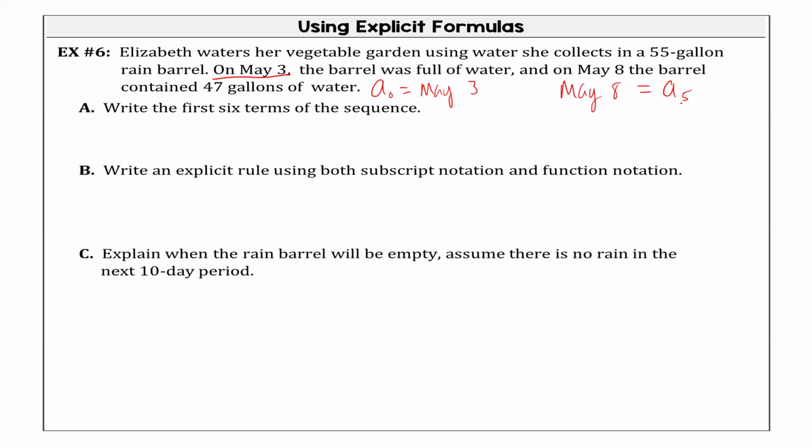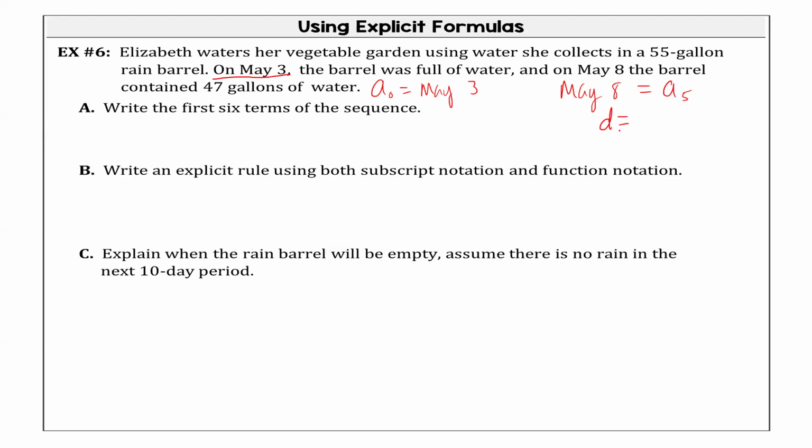All right? And so, writing the pattern, we're going to establish what is our difference. How are we going to find that? How do we find our D? What are we finding essentially when we're finding the D? The slope.